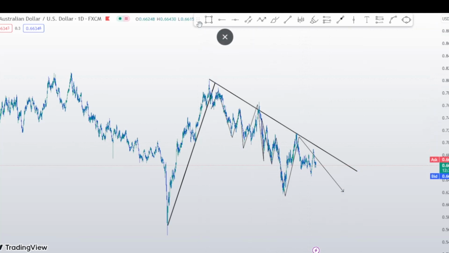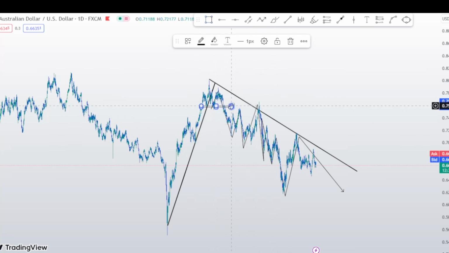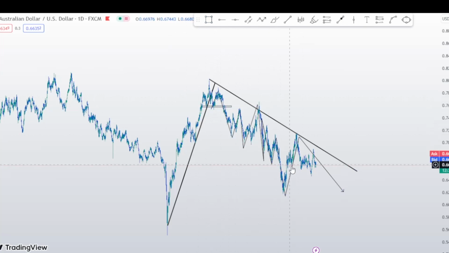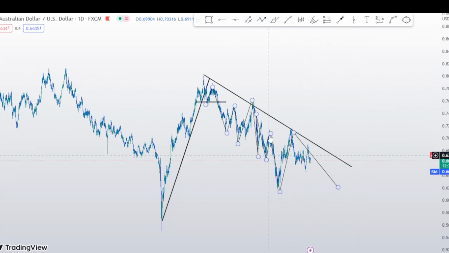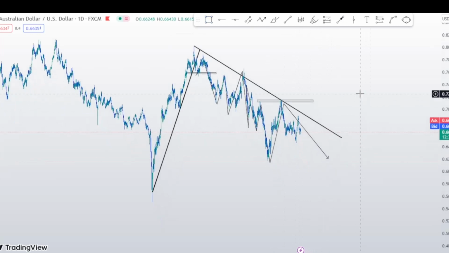As the market did here, when it crossed the last low which was created there, it disrespected it, and then the market started going down. The last high which was created here, the market came back and respected it, and now we're still on a downtrend on a daily.